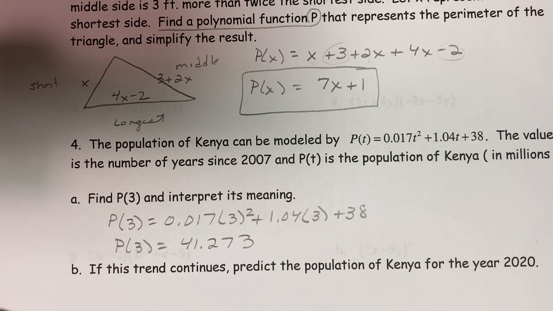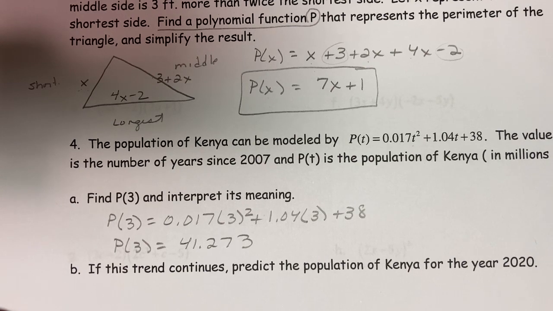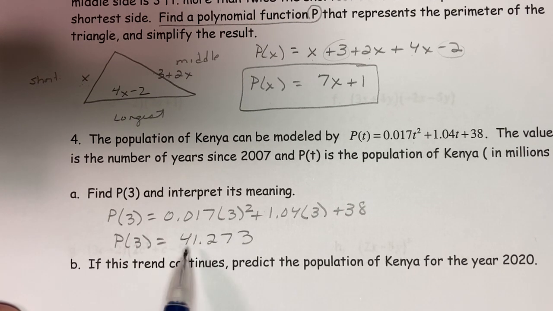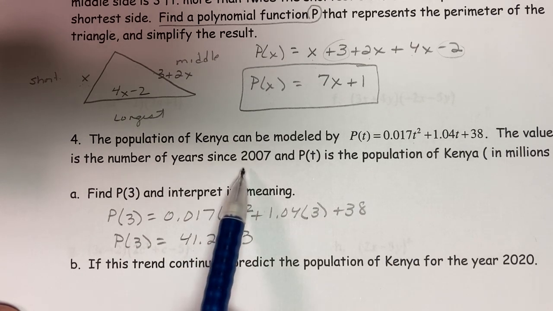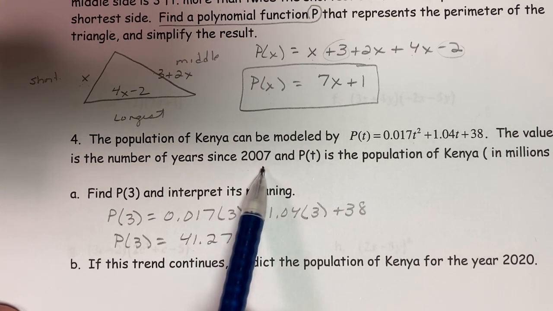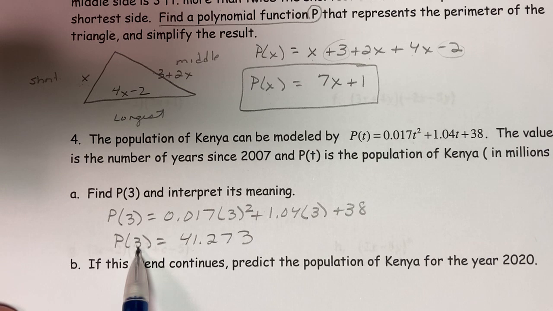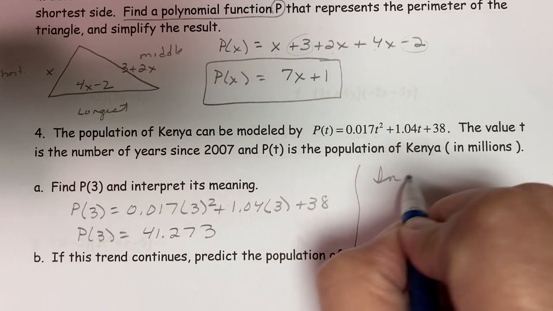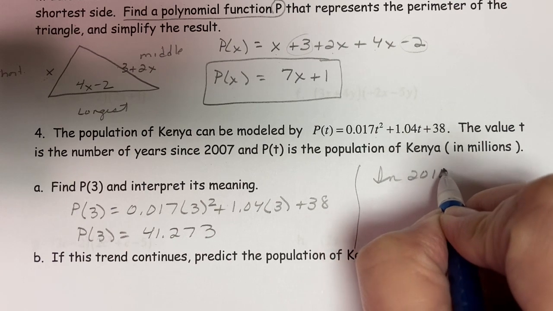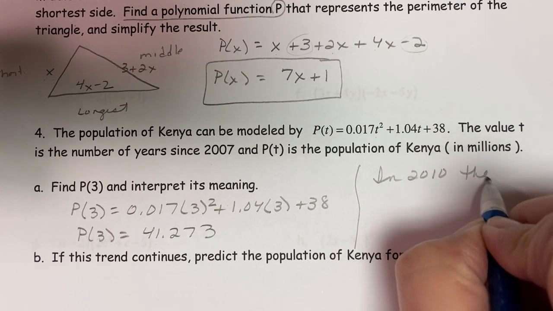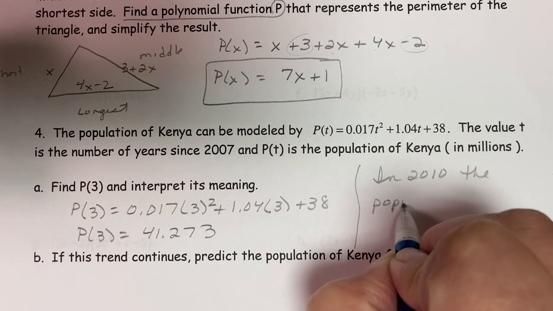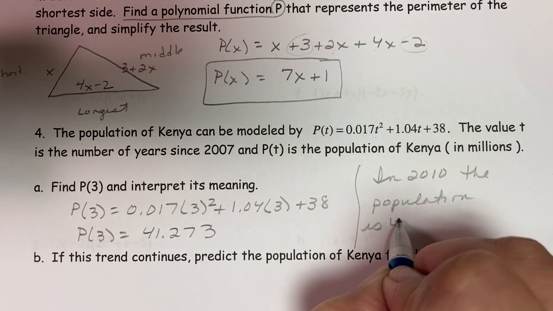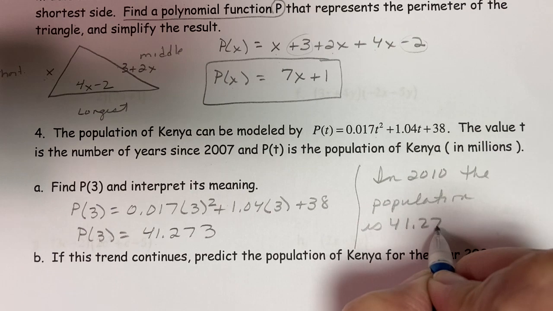So I find P of 3 and interpret its meaning. Well, first of all, remember our t is years since 2007. So if it's 3 years since 2007, what we now know is that in 2010, the population is 41.273.